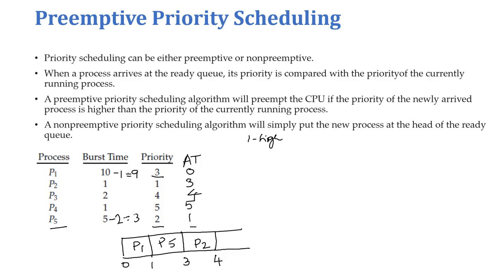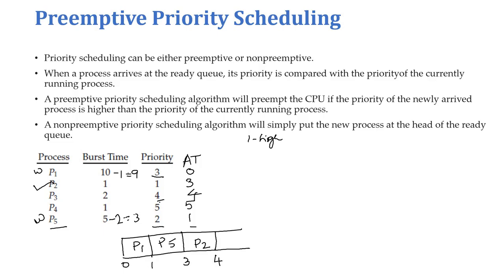Now P3 arrives with priority 4. In the ready queue we already have three processes. P2 has completed, P1 is in a waiting stage, and P5 is in the ready queue, also waiting. Now P3 has arrived and is also in the ready queue.